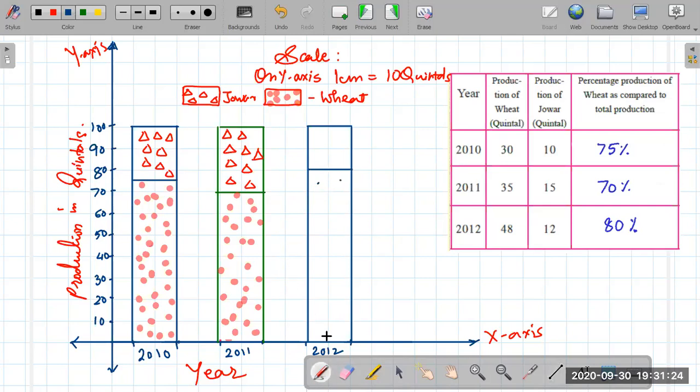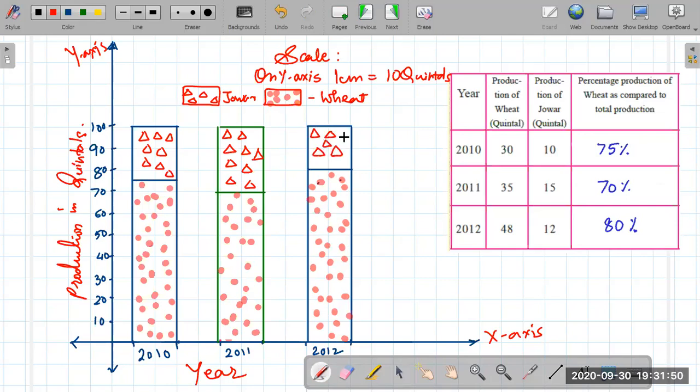Part below the division, that is the representation of wheat, and the triangular part, that is the pattern of triangles, is for jawar. So we quickly do that filling of the pattern, and that completes the graph. Isn't that easy, students?